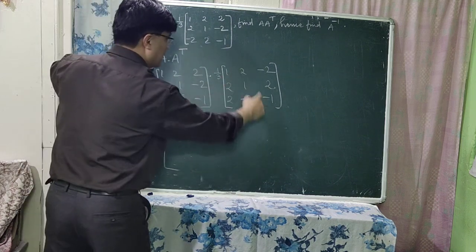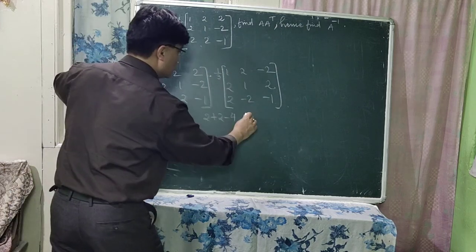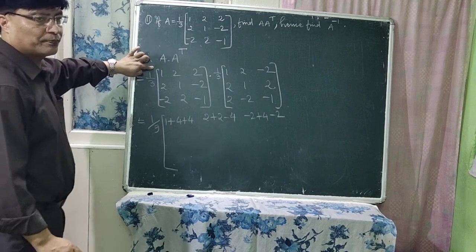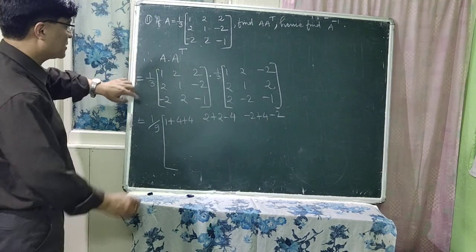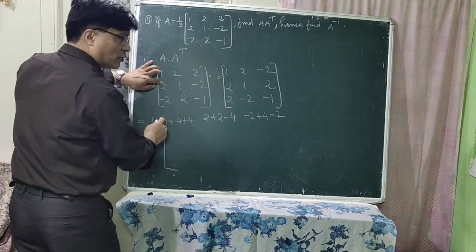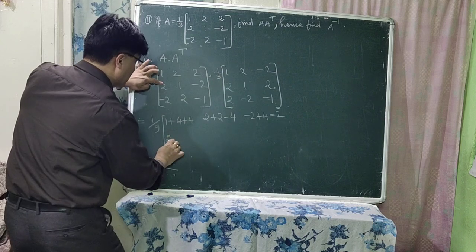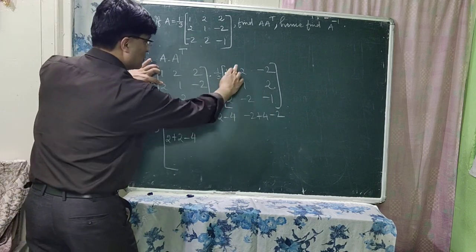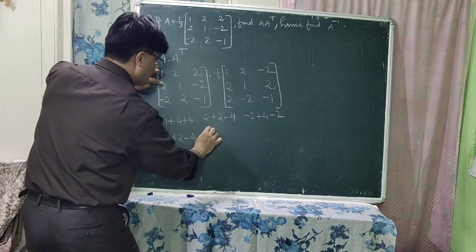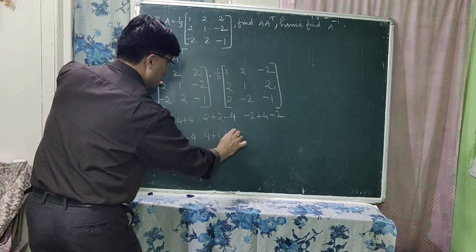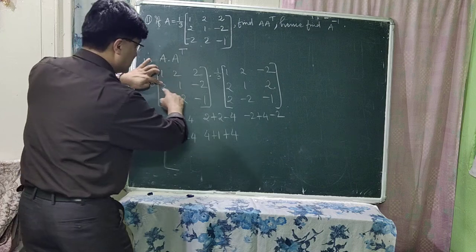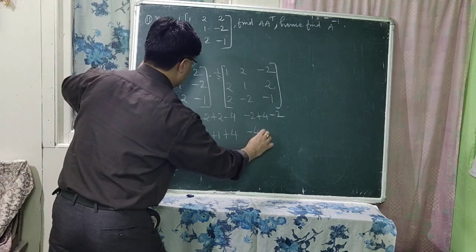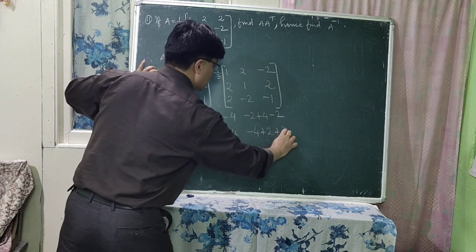Again, first row by third column, minus 2, plus 4, minus 2. Is that clear? Next, second row by first column, 2 1s are 2, plus 2 1s are 2, minus 4. Again, second row by second column, 2 2s are 4, plus 1, plus 4. Again, second row by third column, 2 into minus 2, minus 4, plus 2, plus 2.